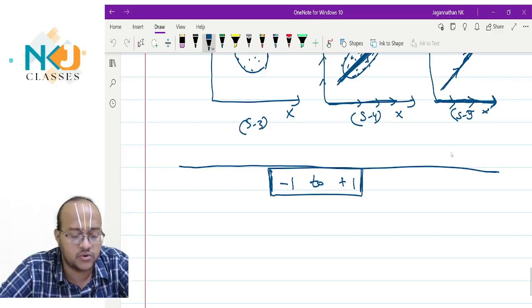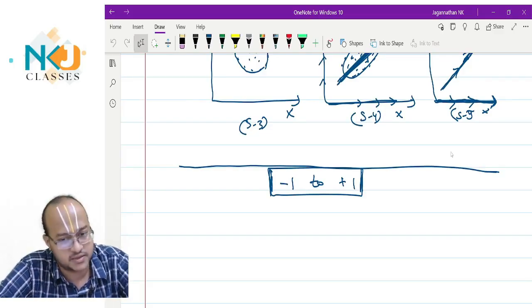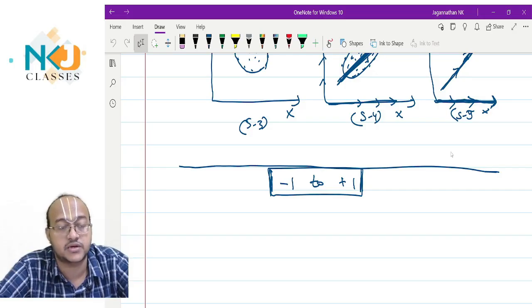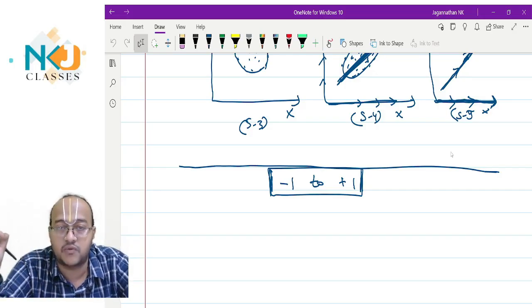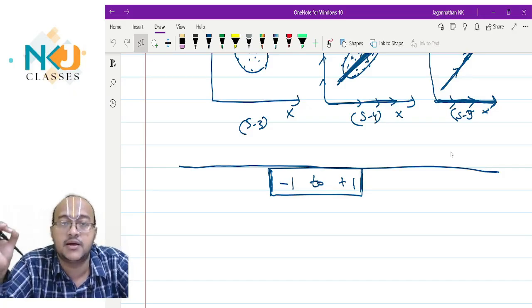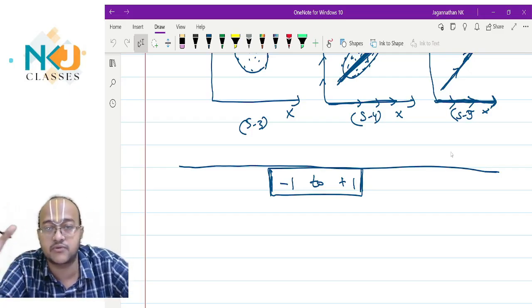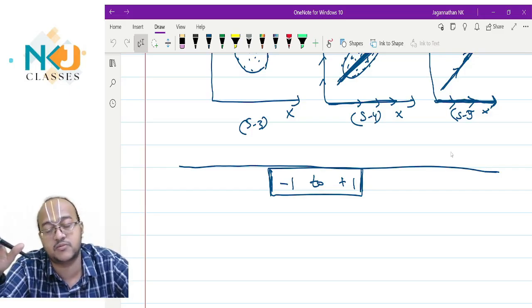Then I told you one example. See, diversification reduces risk, and that risk can be reduced through diversification till you reach 1. That is, till positive 1 correlation you can definitely reduce the portfolio risk by diversification. Don't think positive correlation means you cannot reduce the portfolio risk by diversification.